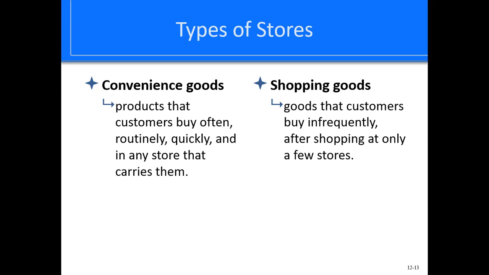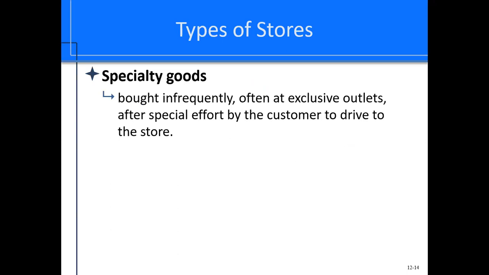The convenience goods they buy often, routinely and quickly, and they can go anywhere, like milk or water. And then specialty goods, they are bought infrequently and usually at very exclusive places, and you have to make a special offer.